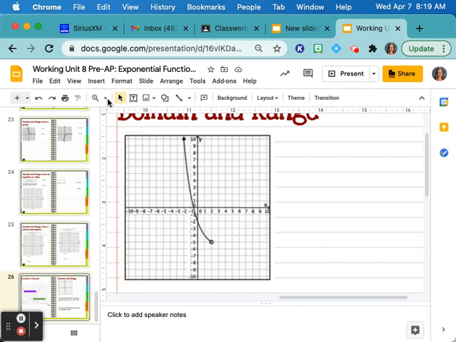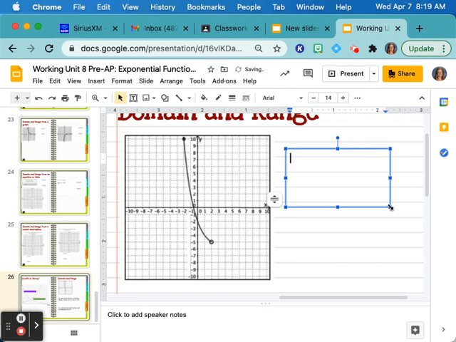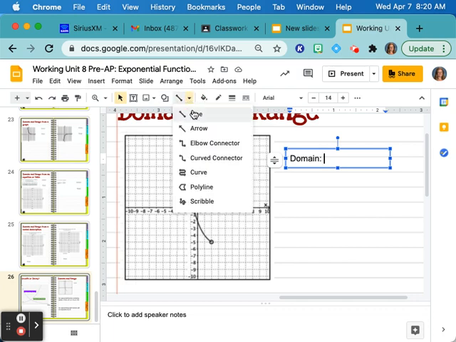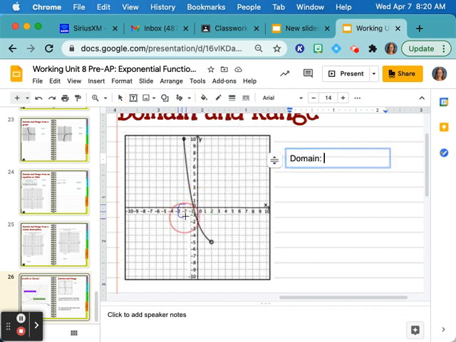So when we talk about our domain, we need to create a text box. Our domain is our x values. What are the x values that it could be? What is x is looking at our x axis. So how far left can it go? To -2.